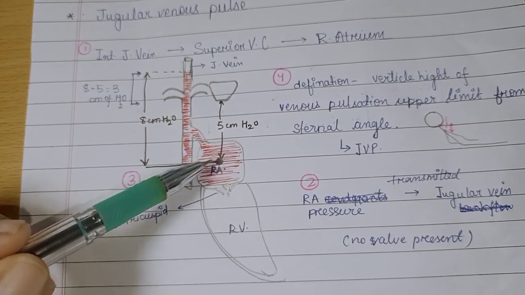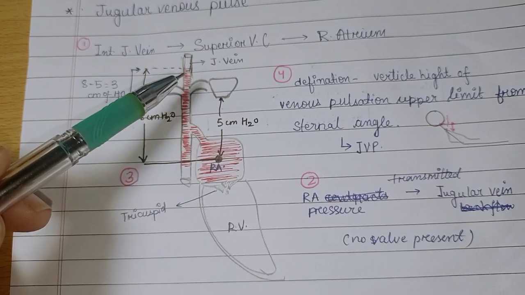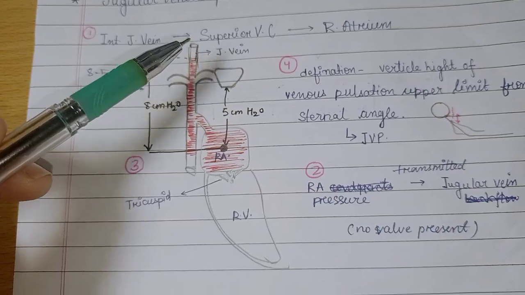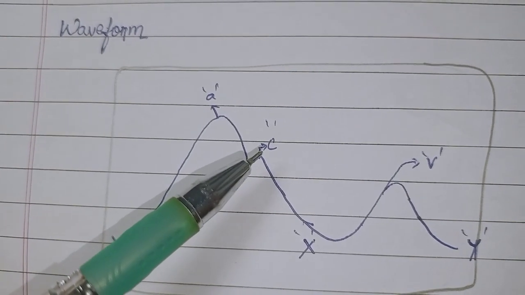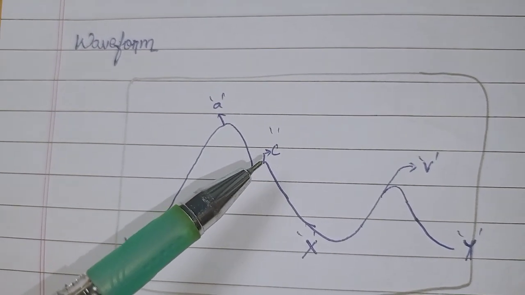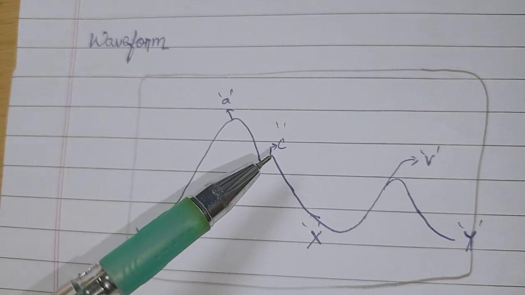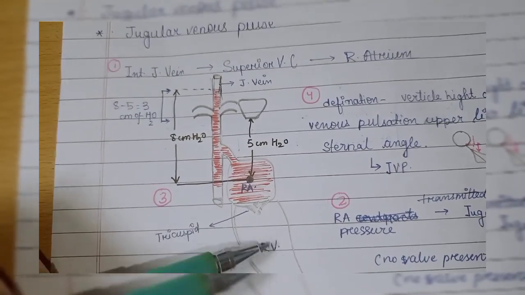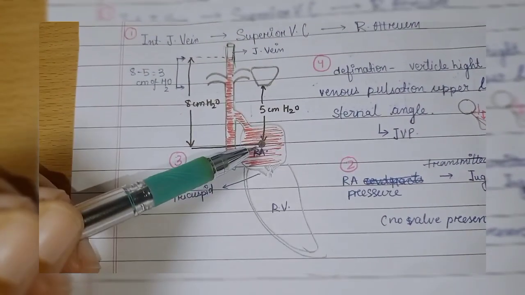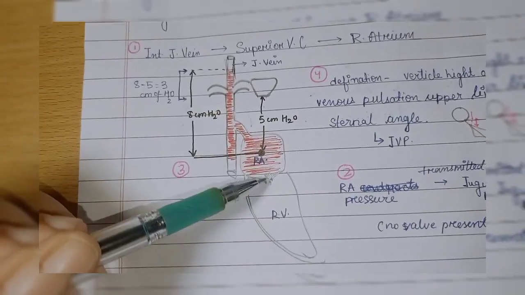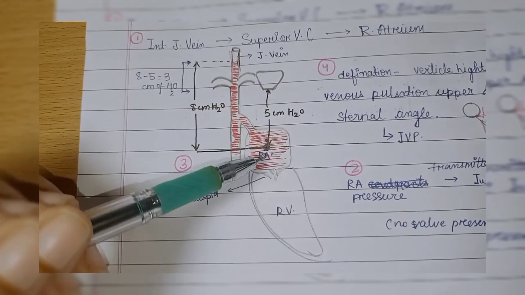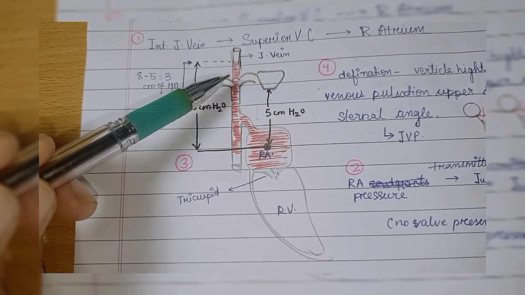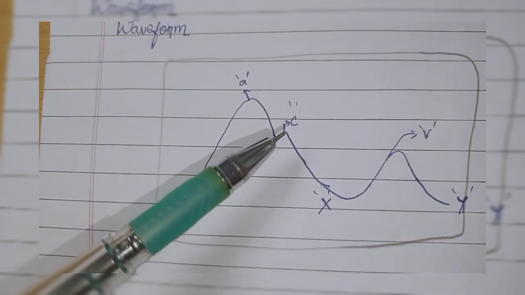Due to this increase in right atrial pressure, the blood level will go up, due to which there is a small rise, as we can see in the C waveform, this portion. Further, as the ventricle is contracting, the atrium will go into relaxation and the pressure will fall. Due to this pressure fall, the blood level in the jugular vein will come below, as we can see in the waveform.